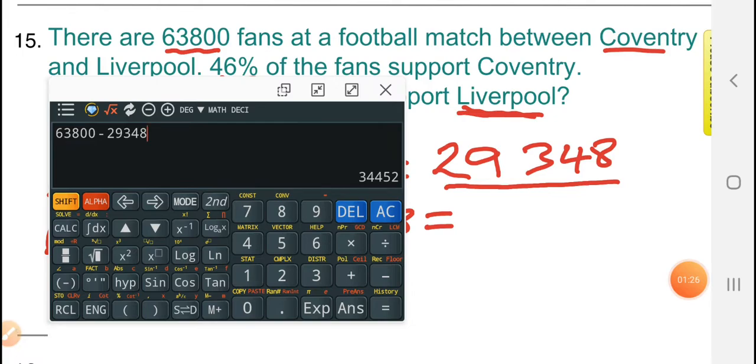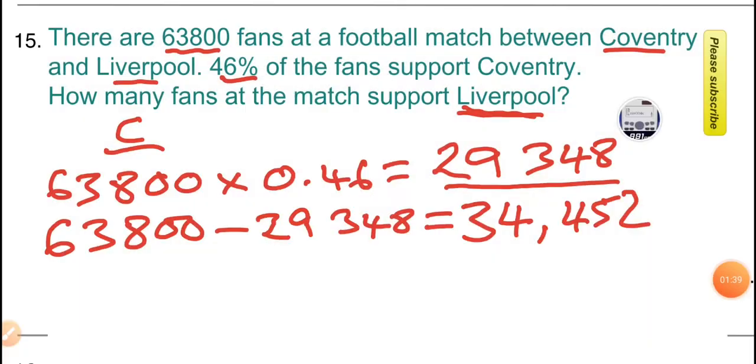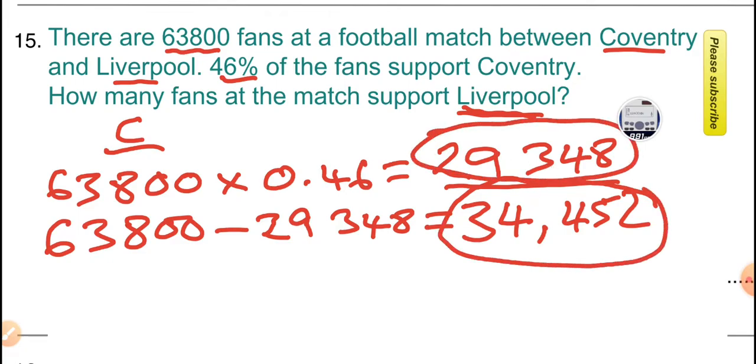And as you can see on the calculator screen, I got the answer 34,452. So that's one way of working out the number of fans that supported Liverpool. First we worked out how many supported Coventry, and then we subtracted it from the total to find out that the number of fans that support Liverpool was 34,452.